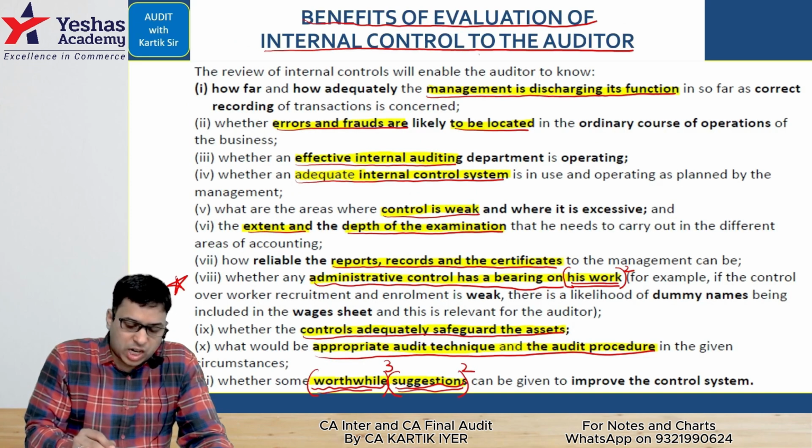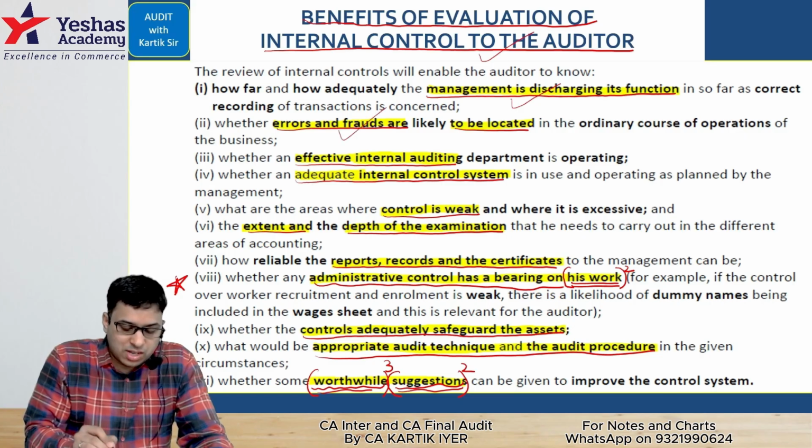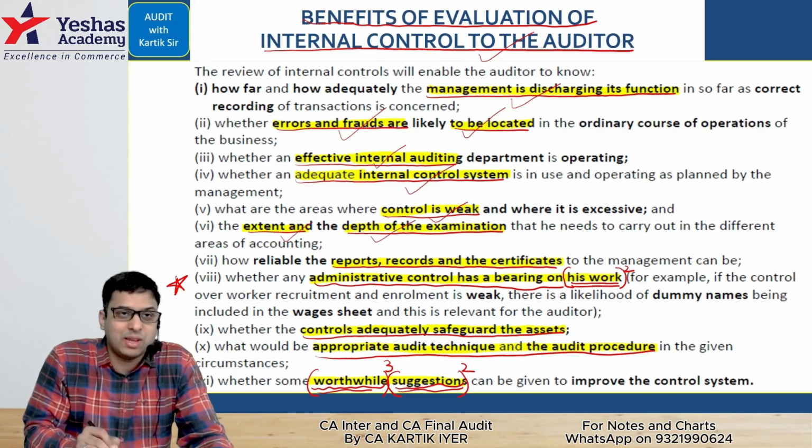Benefits of evaluation of internal control to the auditor. Let's see. First is management is discharging its functions. Errors and frauds are to be located. Effective internal auditing. Adequate internal control system. Control is weak, extent and depth of the examination. Reports, records, and the certificates.